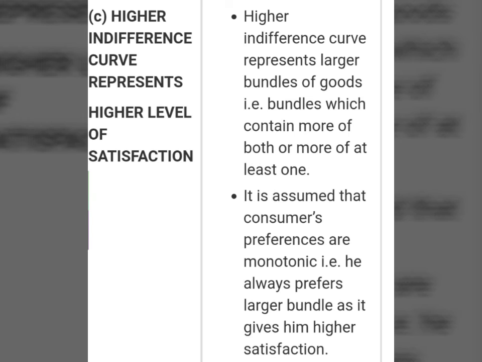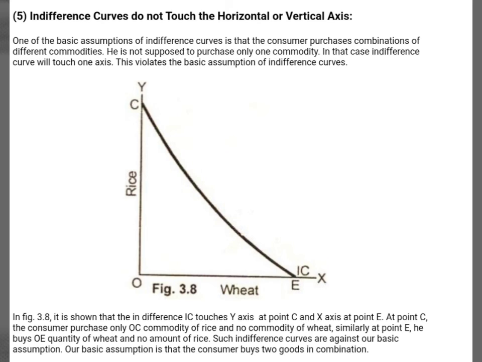As you can see in this, we also call this an indifference map. Like you have 3 or 4 IC curves, IC 1, 2, 3, 4. The one which is on top gives a higher level of satisfaction, and a higher indifference curve represents higher satisfaction, and this is known as an indifference map. Now I explain once again that a higher indifference curve represents larger bundles of goods, bundles which contain more of both or more of at least one. One commodity will definitely be more.